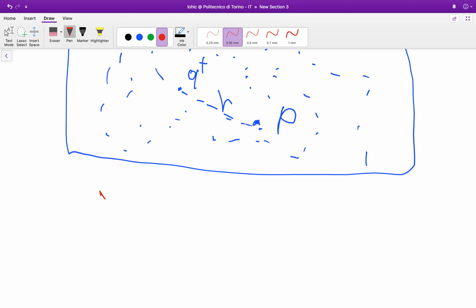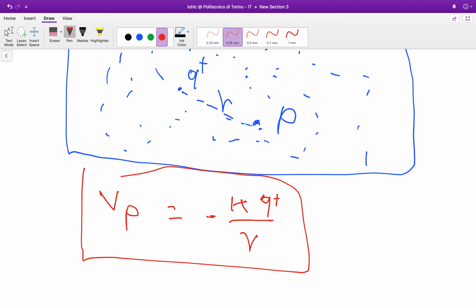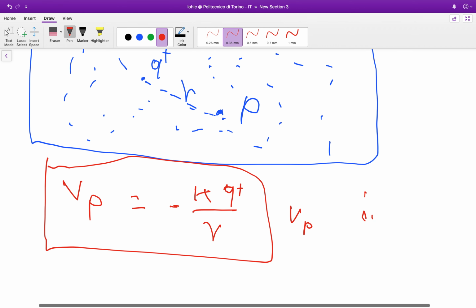By definition, the electric potential at the point P is equal to minus K times Q plus divided by R. Is that clear? Pay attention: the electric potential has no direction. It means that the electric potential Vp is a number.